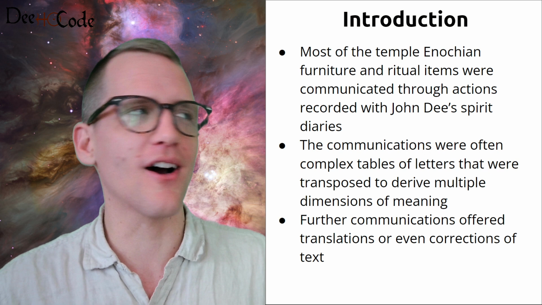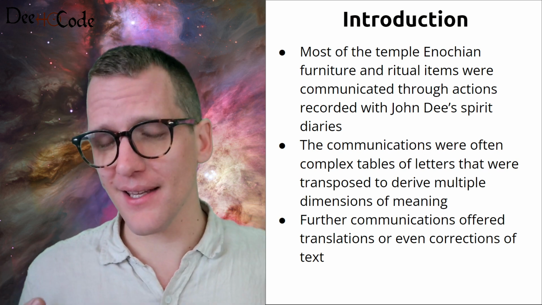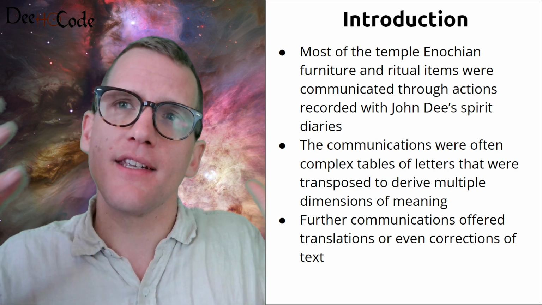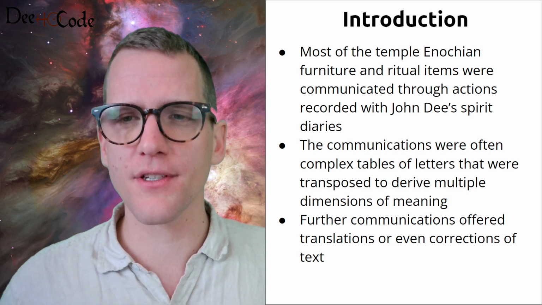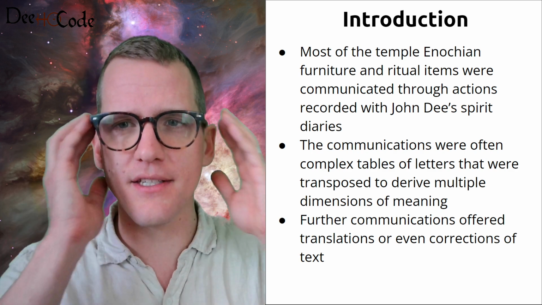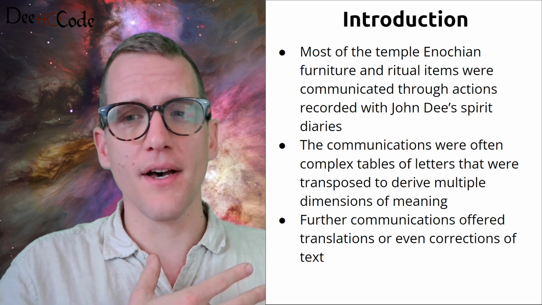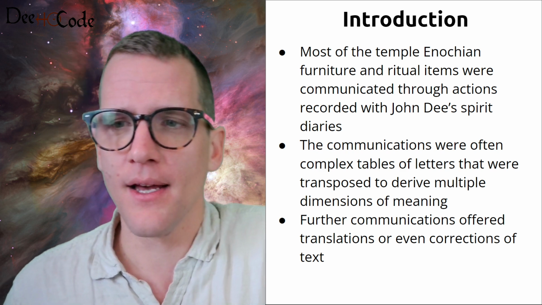As you know, there are around a dozen different items that are highly complex and rich sources of meaning, used as focuses of the mind or as ritual talismans within the Enochian system. These were recorded and communicated through the spirit actions, the scrying work of Edward Kelly and John Dee.